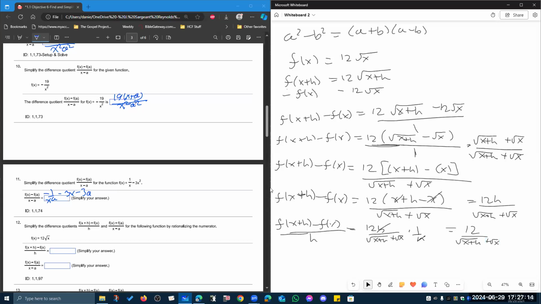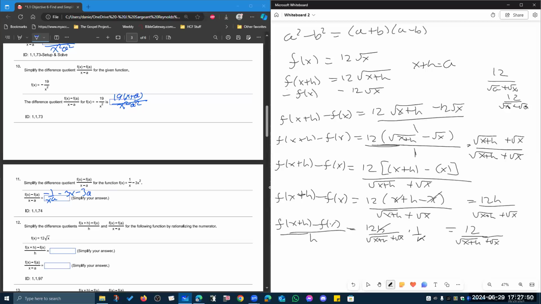The only thing that's going to happen in the second phase is this x plus h is going to get replaced with the letter a. So we should expect to see something that looks like 12 over root a plus root x, or 12 over root x plus root a, because the order kind of changes around.